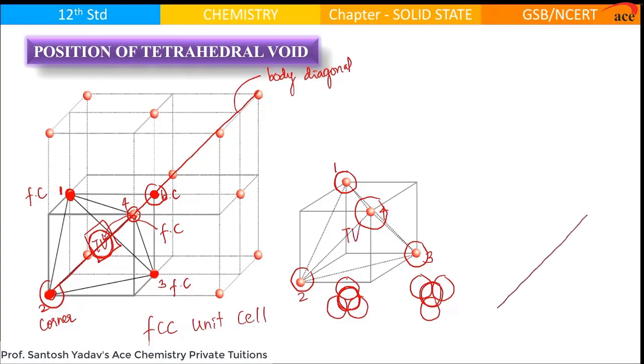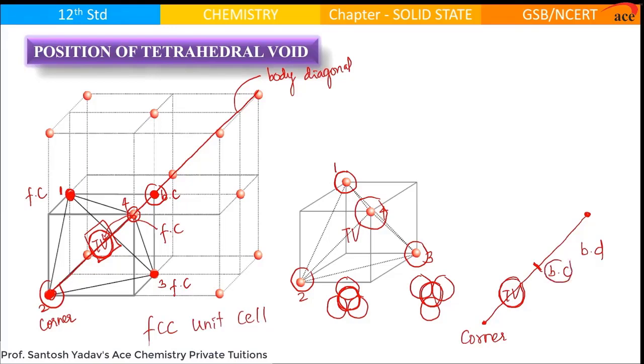If this is a body diagonal, this is a body center, and this is one of the corners, then here is a tetrahedral void. So, a tetrahedral void is at the center between the body center and a corner. Similarly, on this side there is a tetrahedral void, and there is a corner here also.